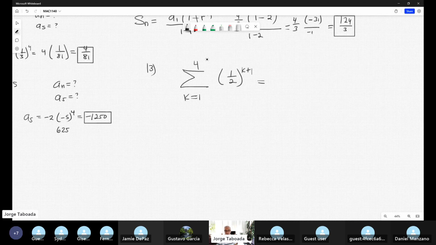No formula, either way. But the formula is much better, because doing it that way is super complicated. Now, let me try to expand. For k equals 1, it's 1/2 to the second power. That is 1 over 4.